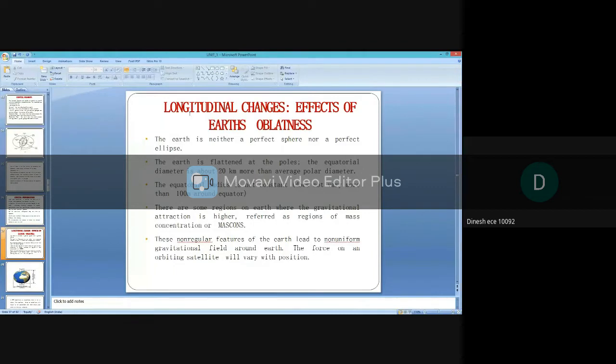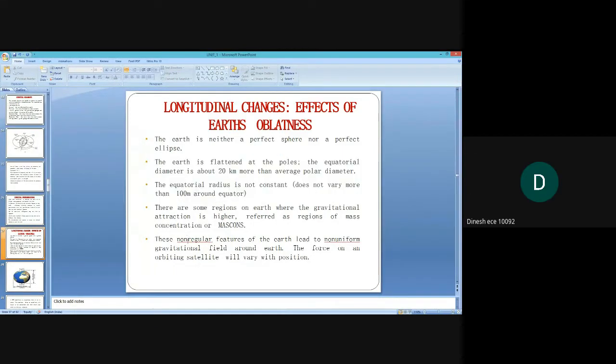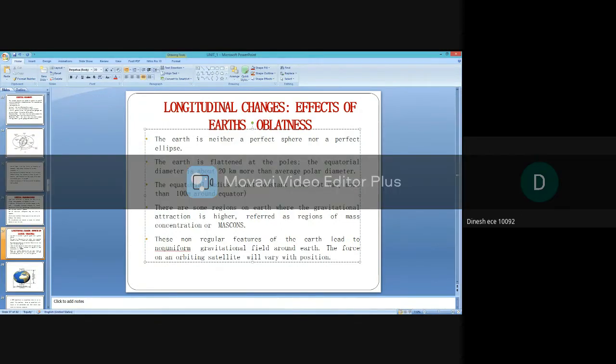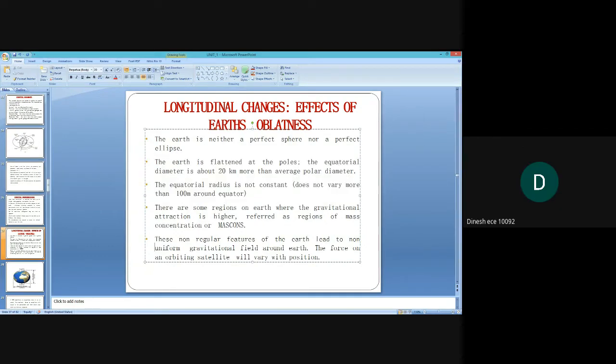These non-regular features of the Earth lead to a non-uniform gravitational field around the Earth. This will force an orbiting satellite to vary with its position. At one place the Earth is flattened, at one place the Earth's radius is not constant, and in some places a higher gravitational force is available.